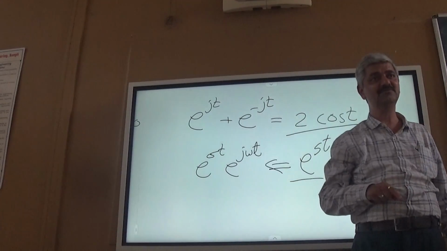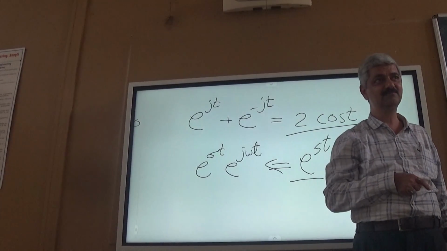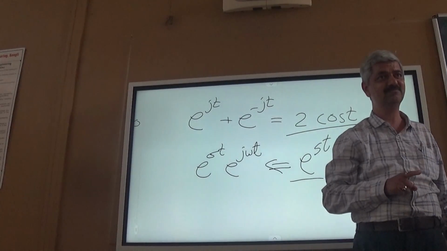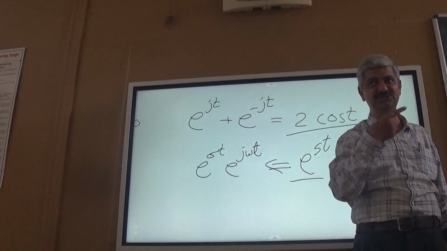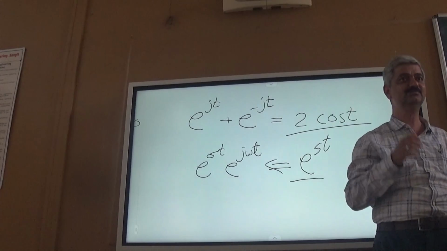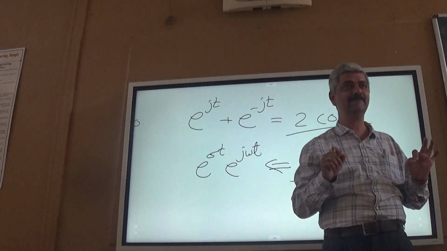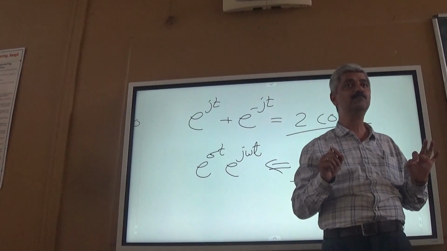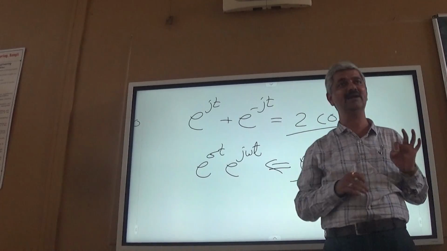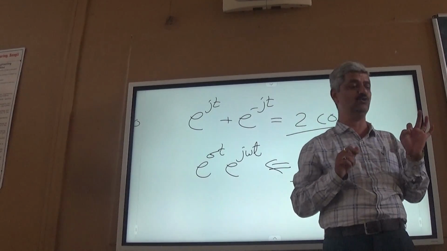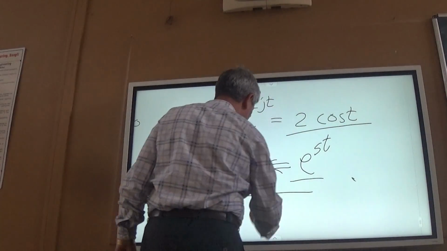Sigma 0, omega 0, what point? Sigma 0, this is 1, omega 0, 1. Both 0, this point.